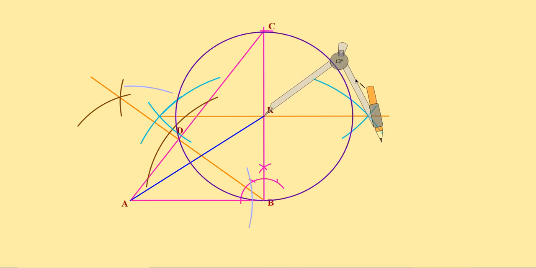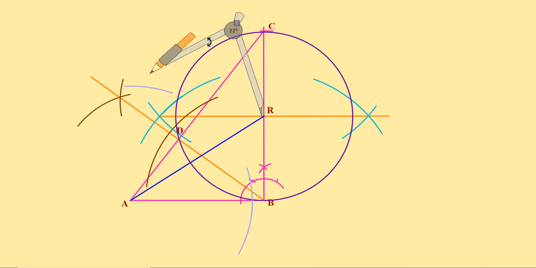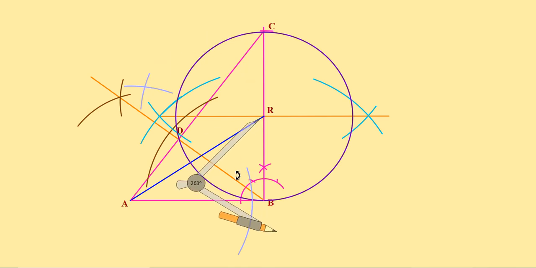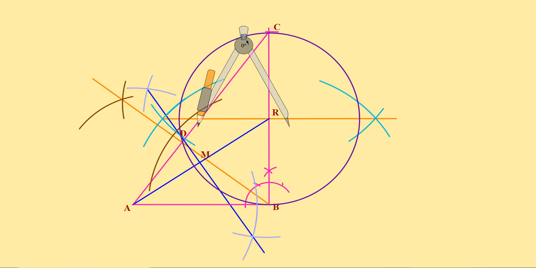Now with the center R, intersect both the arcs and join. Now you got the midpoint of AR. Let it be M. Now with center M, radius equal to MR, draw a circle.